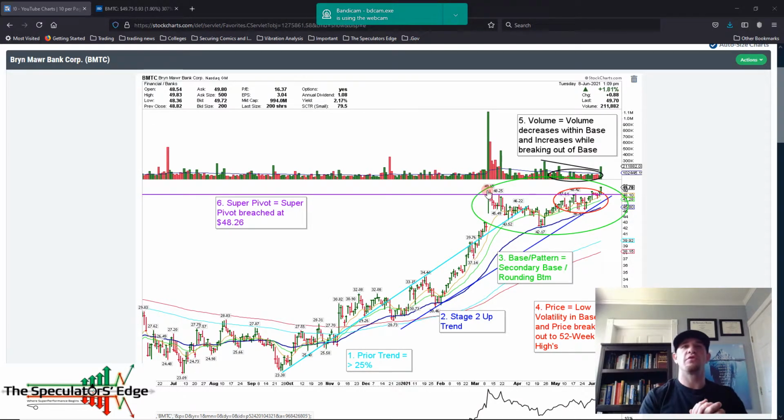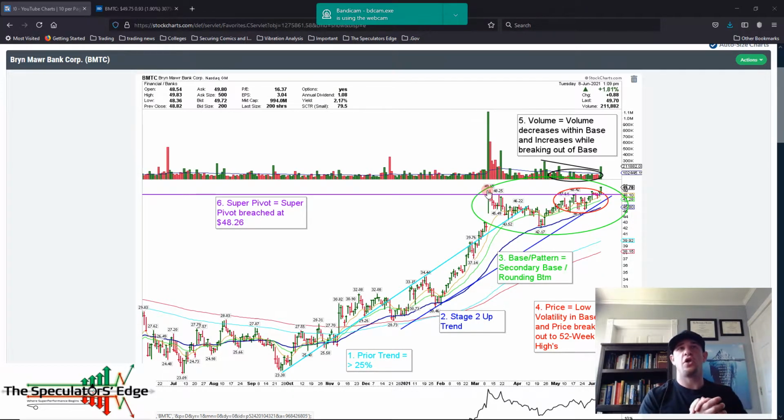And the next thing that we look for is a base and pattern. Practically, a base is a count within the cycle of the stock. Within the stage 2, a stock will go through 4 to 5 bases.